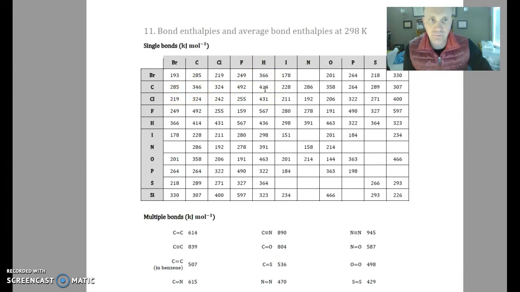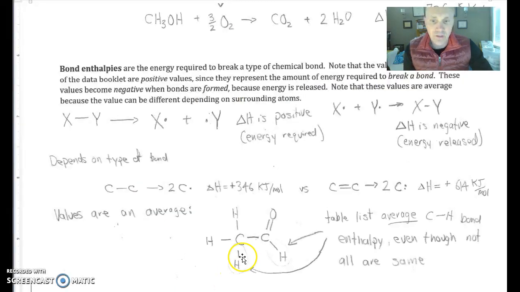Well, real carbon-hydrogen bonds aren't necessarily the same as an average carbon-hydrogen bond. So that 414 kilojoules per mole that they list in the data booklet isn't necessarily exactly the amount of energy for this one, nor is it exactly the amount of energy required to break this bond.